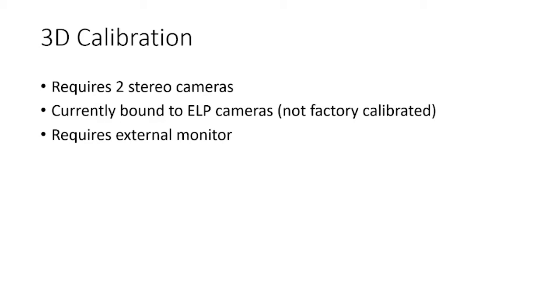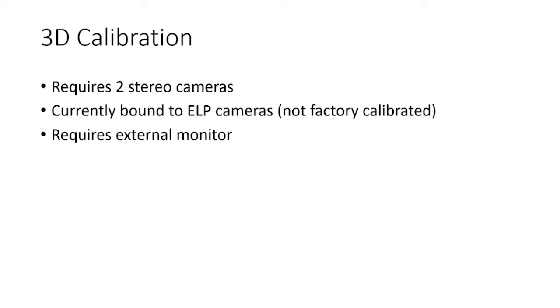The first big problem for me was that it requires two stereo cameras, and more particularly, it's bound to the ELP cameras, and these are not factory calibrated. I had great difficulty getting a really good calibration for these two cameras, and basically one was really problematic, and up to today I never did any reasonable calibration.